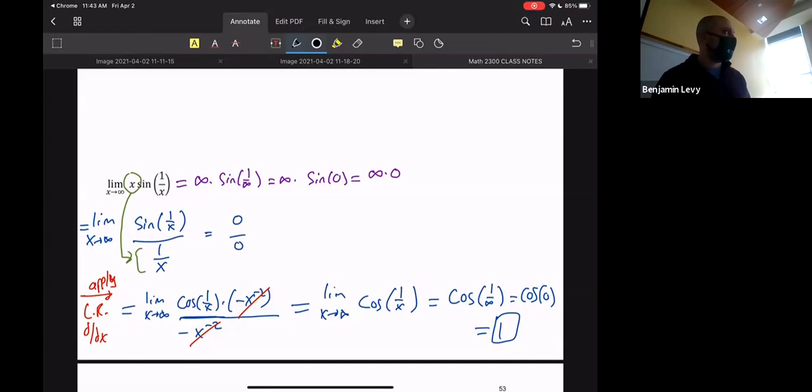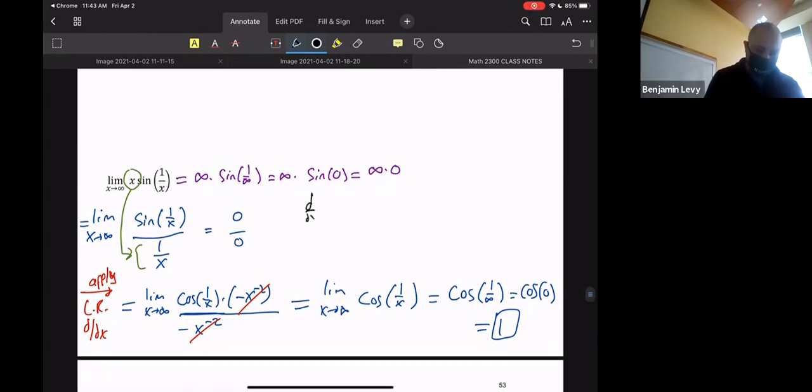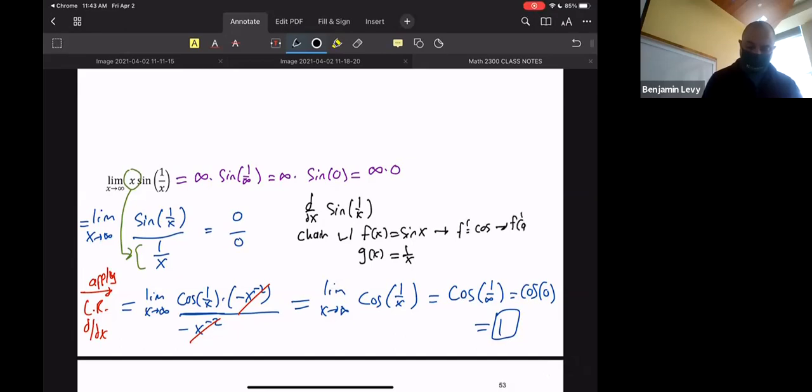Do you want to see the chain rule one? I feel like someone always asks me about this, so I'm just going to do it right here. When you differentiate sine of 1 over x, it's a chain rule with the outside function being sine and the inside function being 1 over x. So when you differentiate this, it becomes cosine, but you want f prime with g plugged in, so you get cosine of 1 over x.